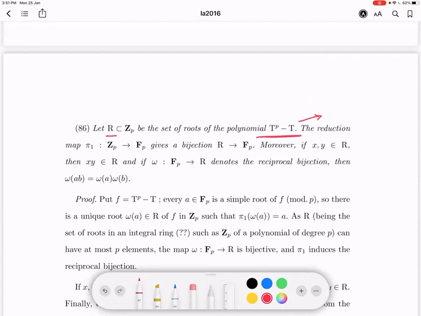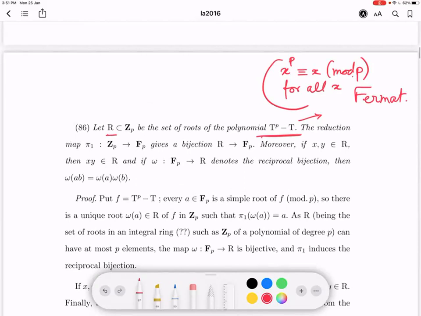This is chosen because you have x to the power p congruent to x mod p, for all x, right? This is what is called Fermat's little theorem. So that's what the polynomial is, T to the p minus T.